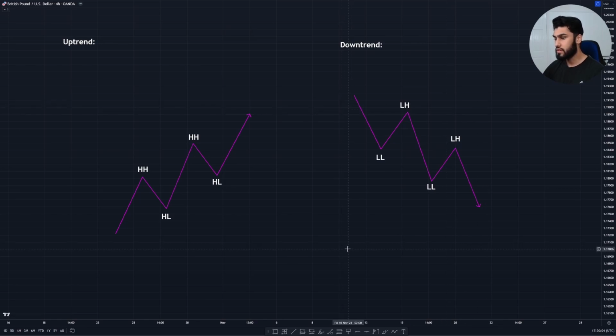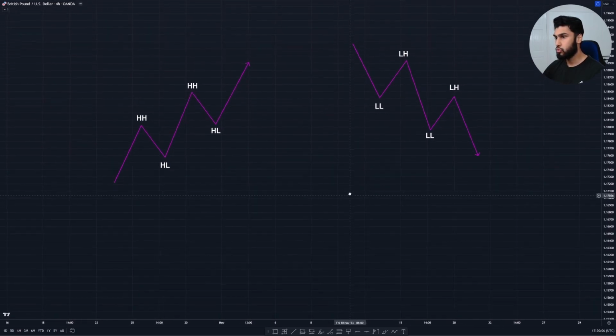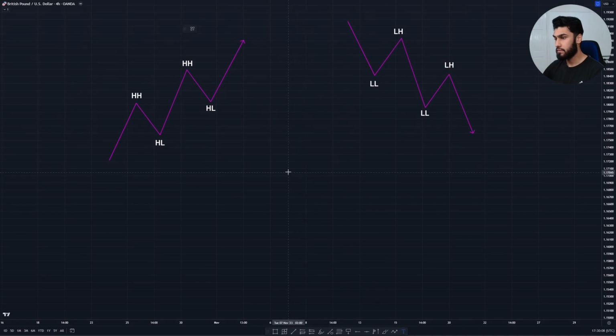Right, so now that we've discussed that, one very important rule that we need to go over is the fact that when you do have an uptrend, for example, as such, you need the higher high to be broken, creating a new higher high, before this higher low is valid. So what do I mean by that?